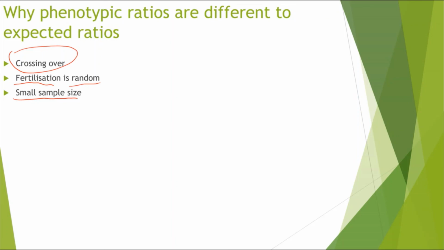So small sample size could be one of the reasons. And finally, epistasis. Remember, epistasis means that one gene can mask the expression of another, so that could affect the phenotypic ratios as well. So just remember these 4.